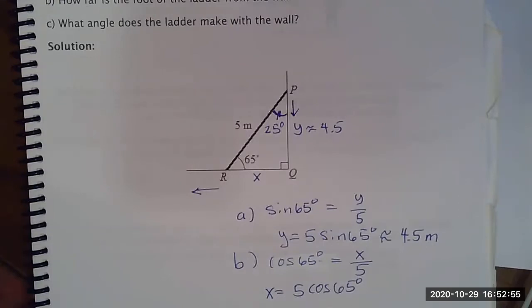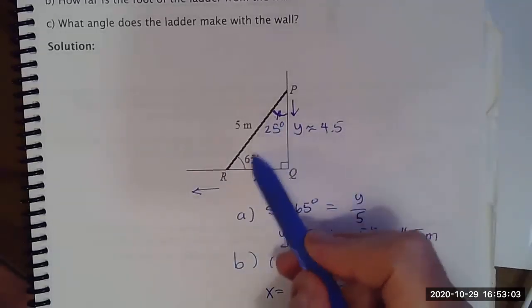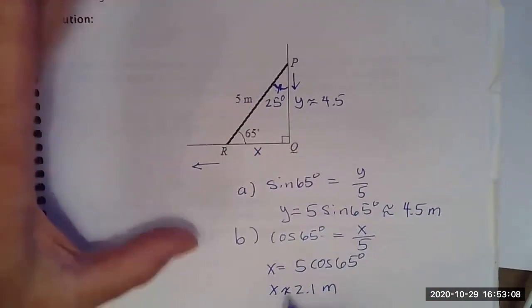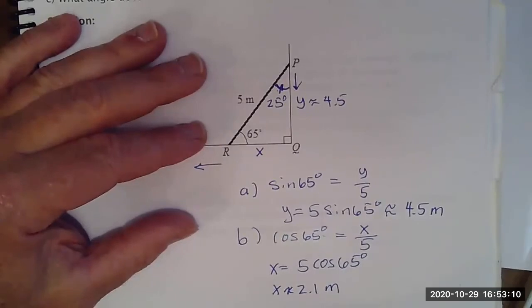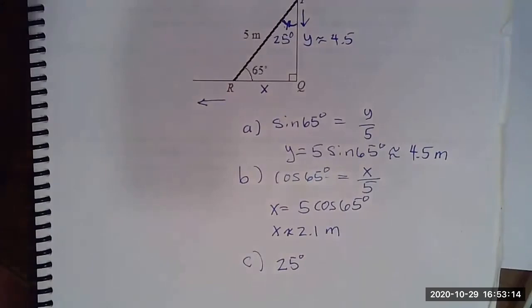Supplementary adds up to 180 degrees. Complementary is adding up to 90. So 65 plus what is 90? That's 25 degrees, the angle made with the wall.